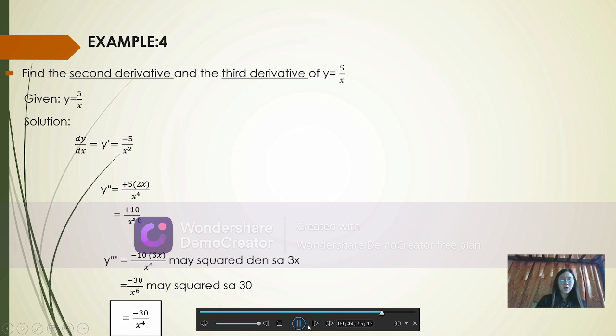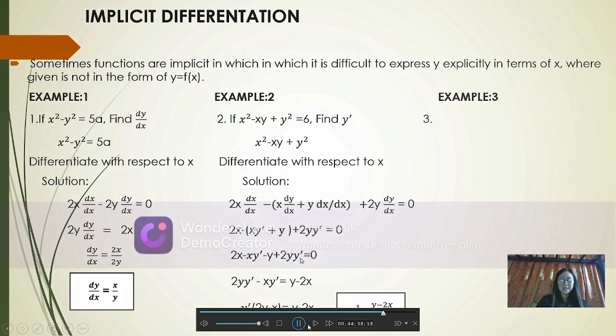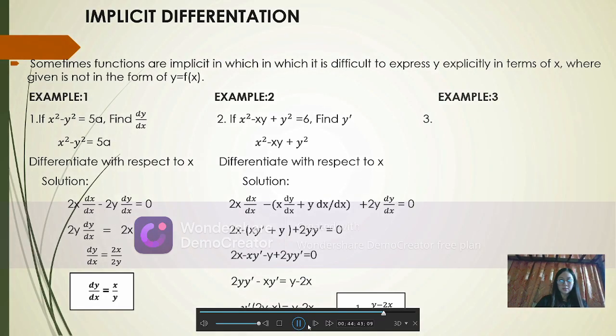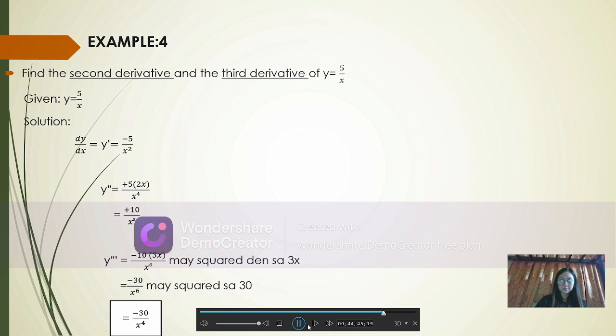Over the x cube. So, yung third derivative naman natin is minus negative 10 and 3x squared over x to the 6th power. So, may squared din yung na to. Sorry.